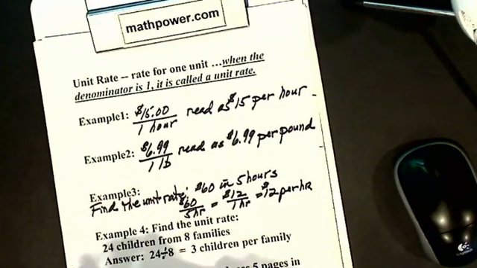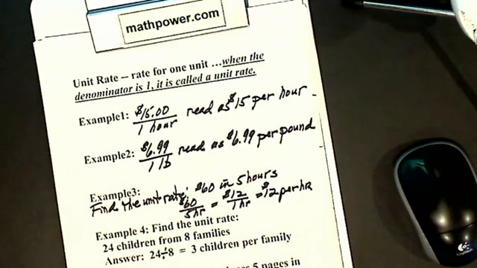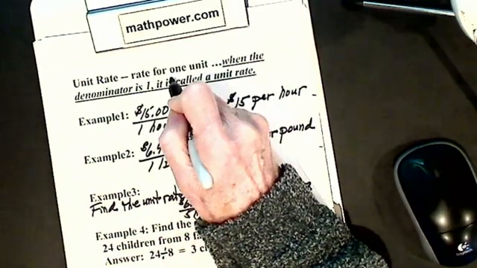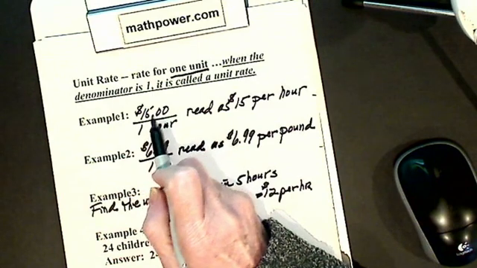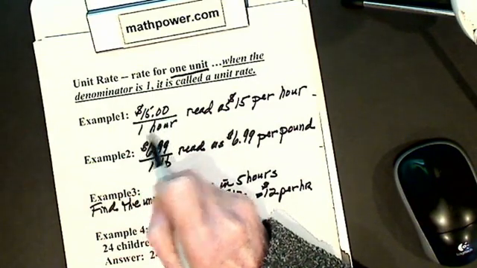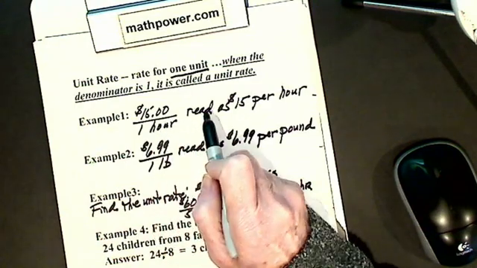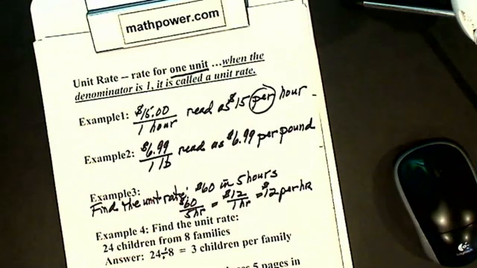Now we have to talk about unit rates, which is a big deal, especially when we get to proportions. A unit rate is the rate for 1 unit. When the denominator is 1, it's called a unit rate. So, if I have $15 for 1 hour, this is read as $15 per hour.